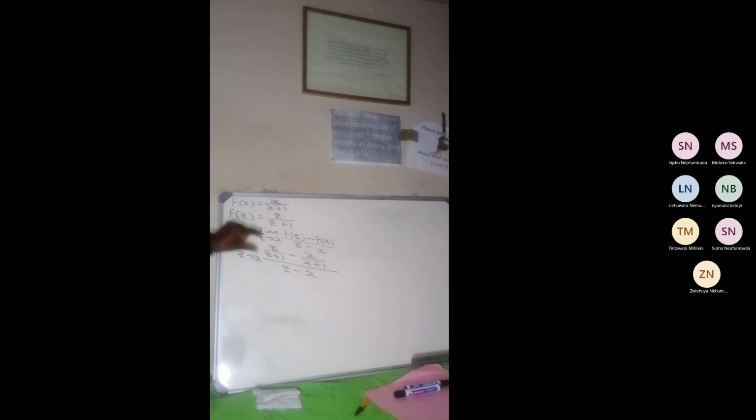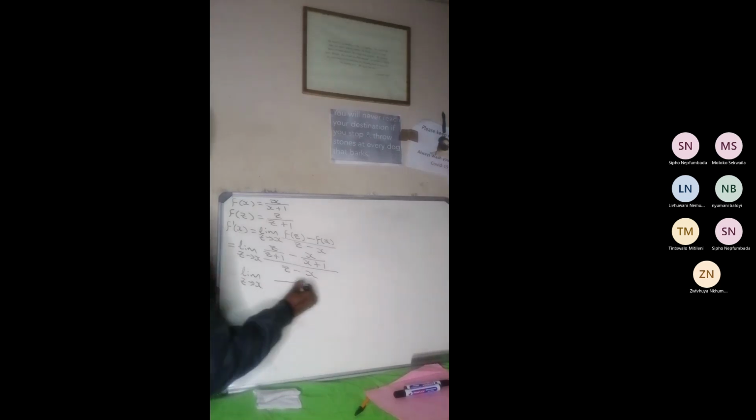So from our numerator, we're going to find the LCM. This is equal to the limit of z approaching x. LCM of our numerator, remember we multiply the denominators, which is z plus 1 multiplied by x plus 1.